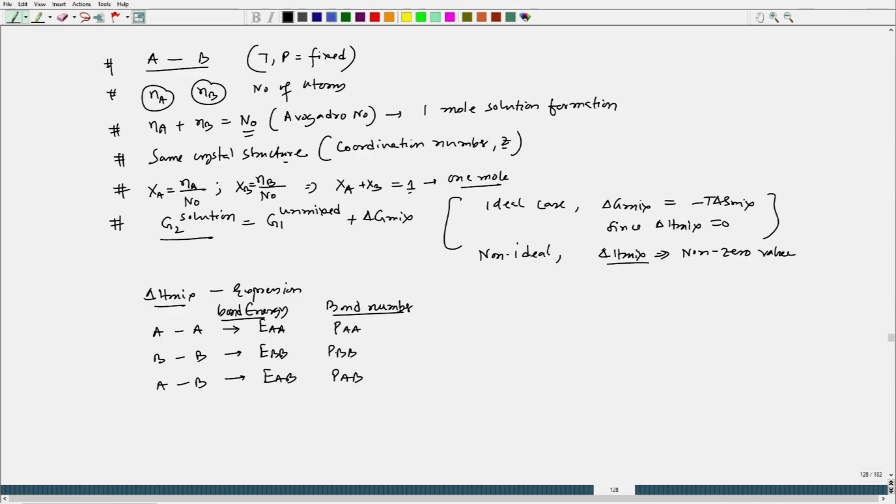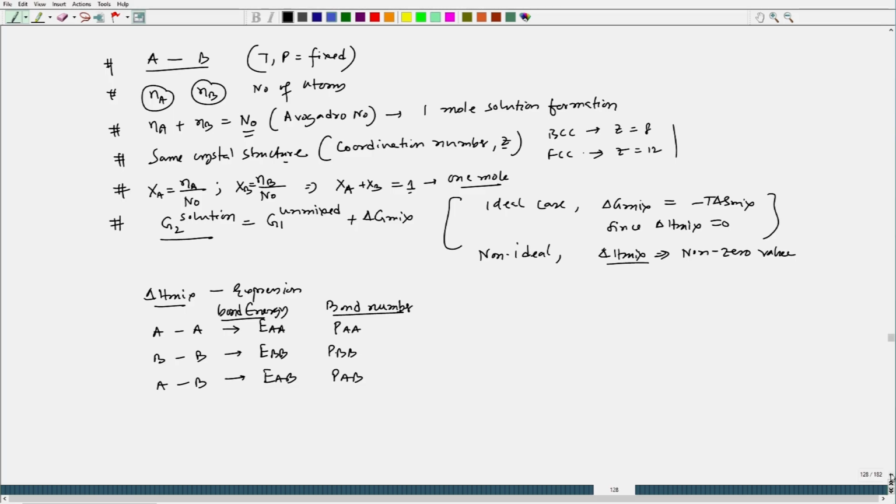In case of BCC, body centered cubic, Z equals 8. For FCC, face centered cubic, Z is equal to 12. In that way, we can find out the coordination number, and accordingly the number of bonds.